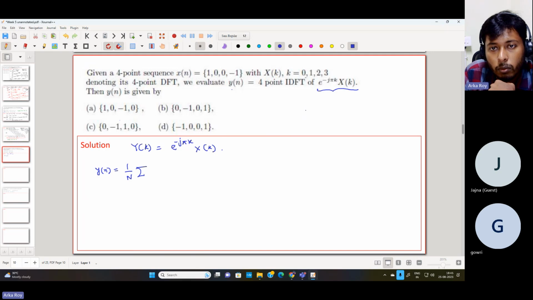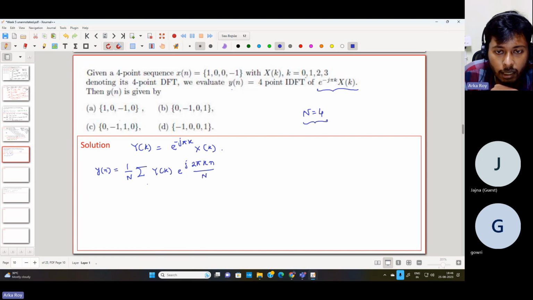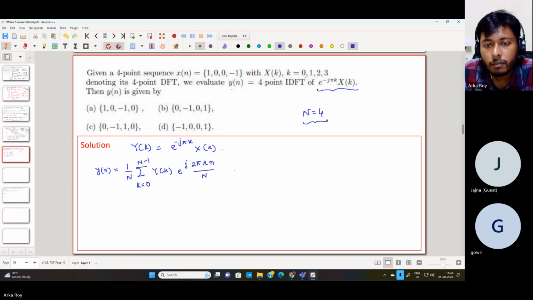So in this particular question, n is basically the total number of samples, which will be 4, so I can just replace it with 1/4, but let's stick with the original equation. So it will be Y of k e to the power j 2 pi k n divided by n, that is the total number of samples present in the sequence. And the summation will run from k equals 0 to n minus 1.